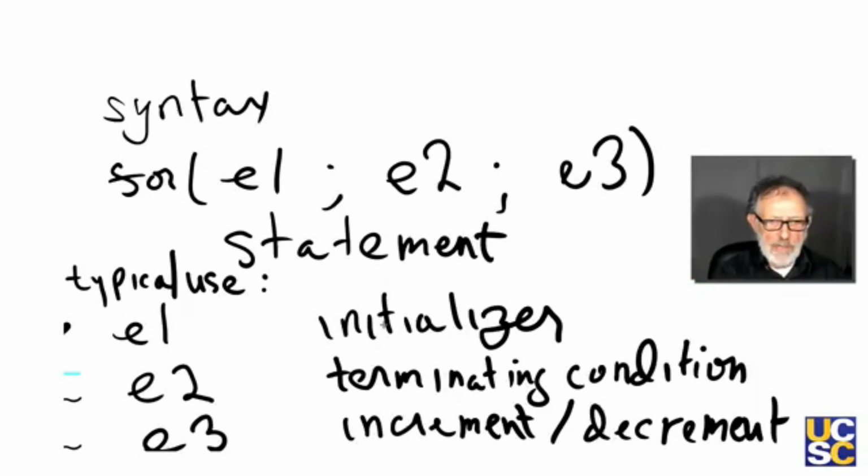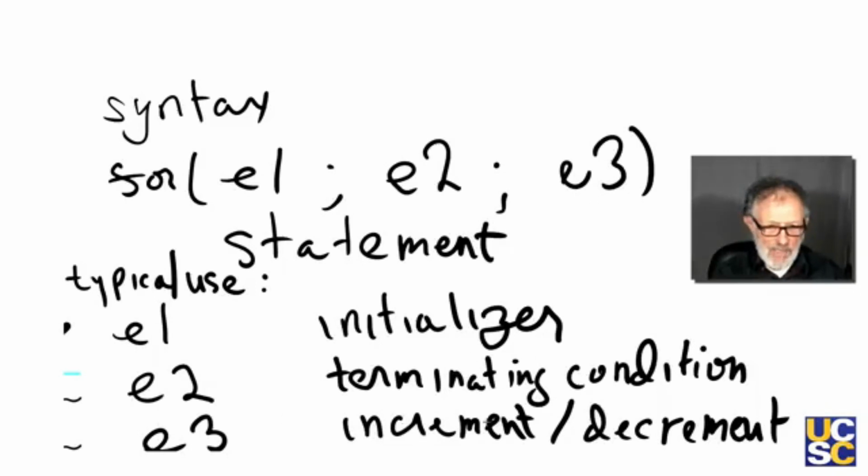E1 is most typically used as an initializer, just like in our simple example. E2 is typically, well, it's always the terminating condition. So if it's going to work and it's going to be over a finite number of times, then this has to terminate. That's where you can make some interesting mistakes and get what's called an infinite loop. So this has to be tested.